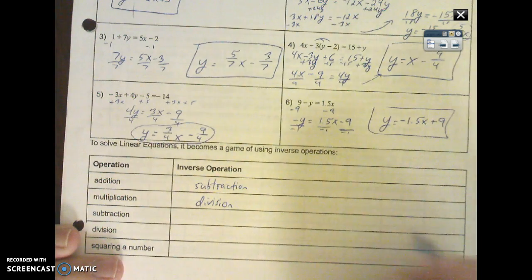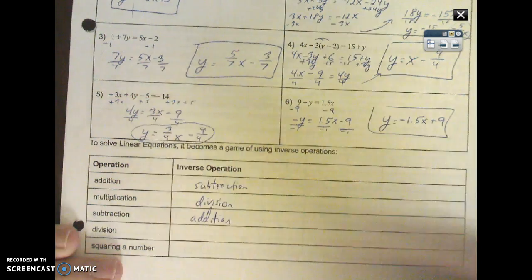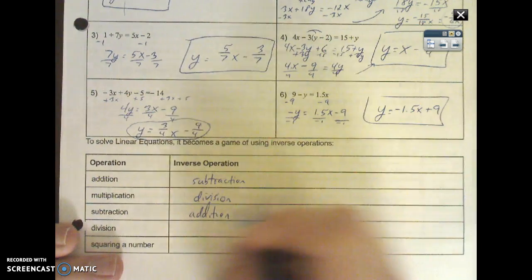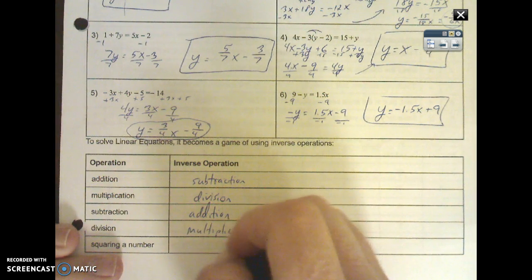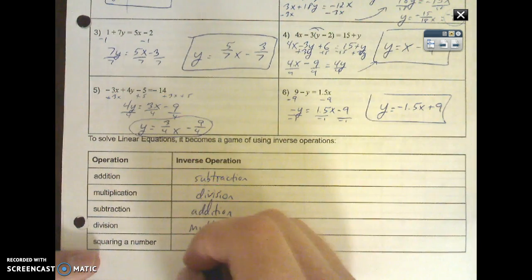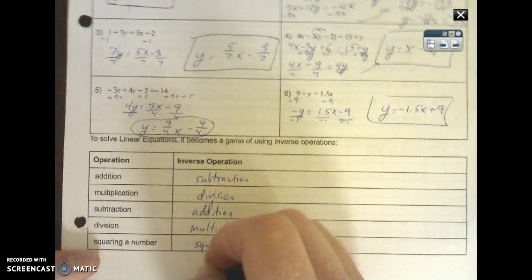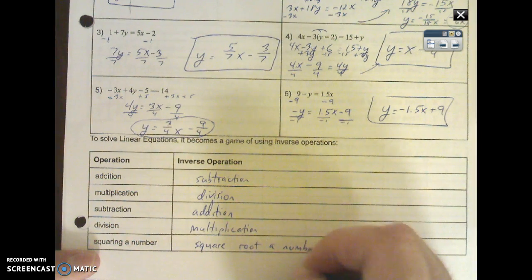The opposite of subtraction is addition. The opposite of division is multiplication. And the opposite of squaring a number is to square root a number. Okay?